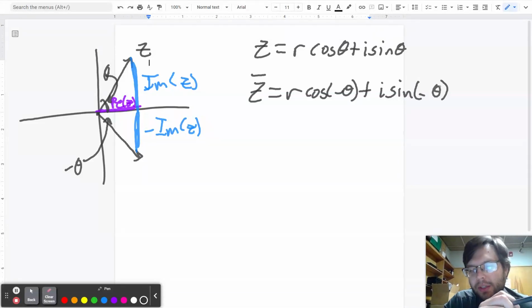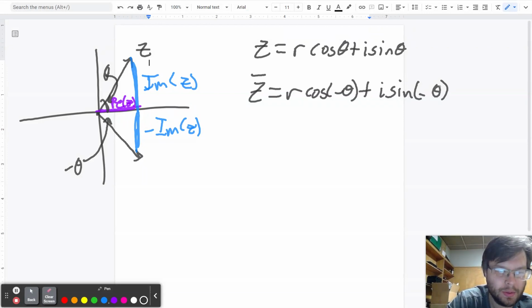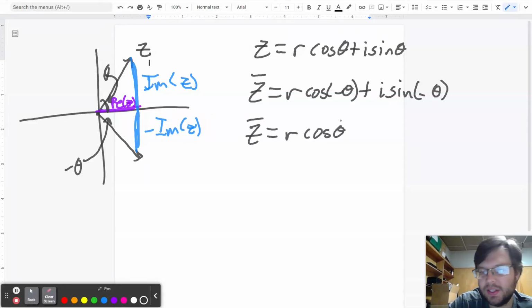But if you look over at your picture, we can do even better than that. We notice that the real part was the same as before. And this helps you remember that the cosine of theta is the same as the cosine of negative theta. It has to be to match up with the picture.